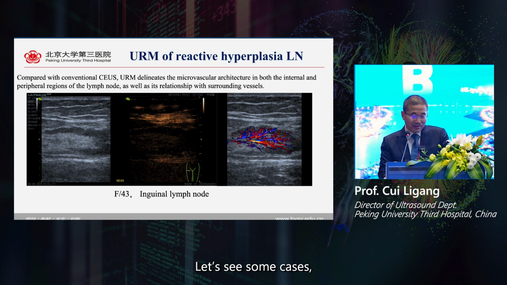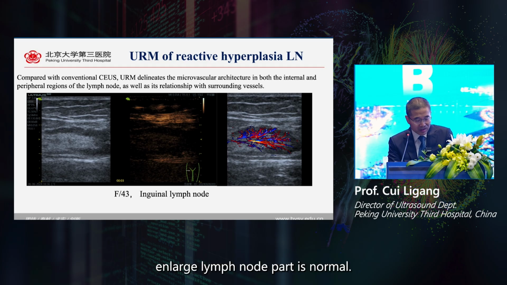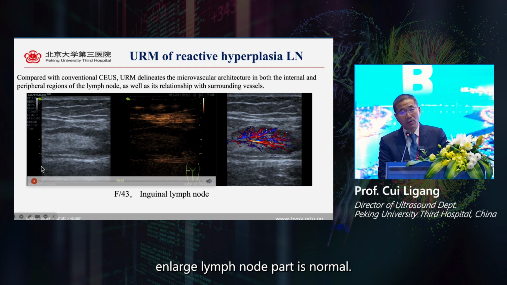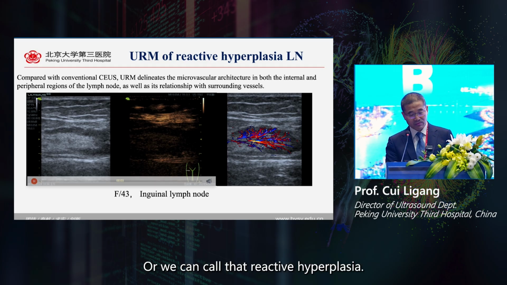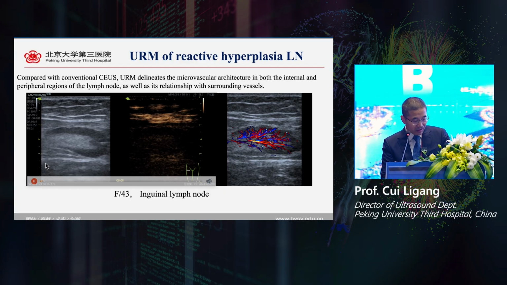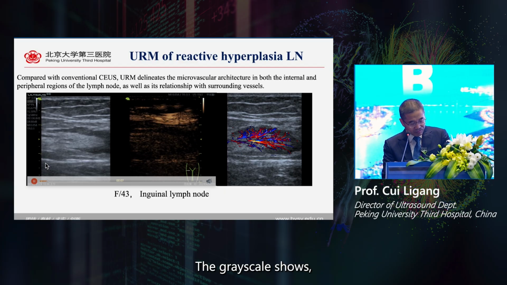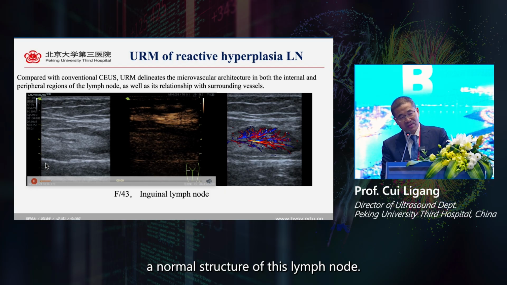Let's see some cases. This female has an enlarged lymph node, but it's normal, or we can call it reactive hyperplasia. The grayscale shows the normal structure of this lymph node.